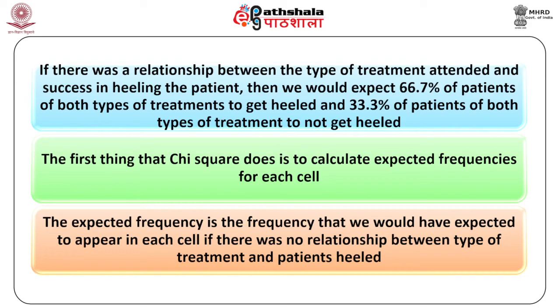The first thing that chi-square does is to calculate expected frequencies for each cell. The expected frequency is the frequency that we would have expected to appear in each cell if there was no relationship between the type of treatment and patients healed.